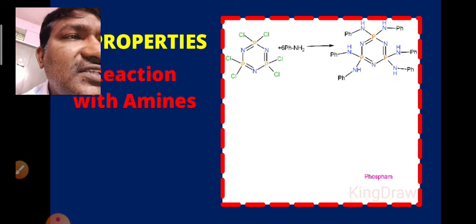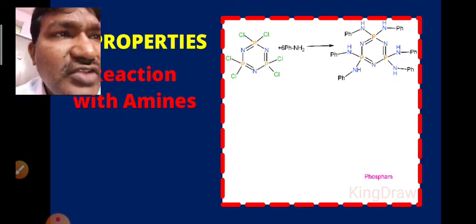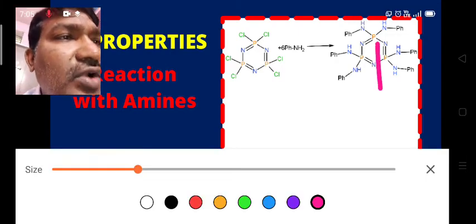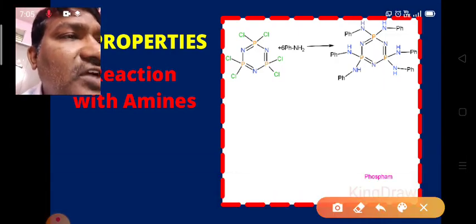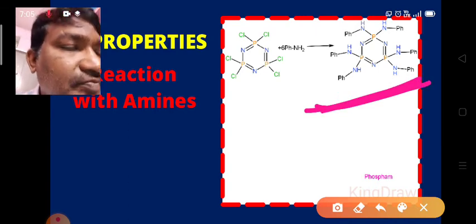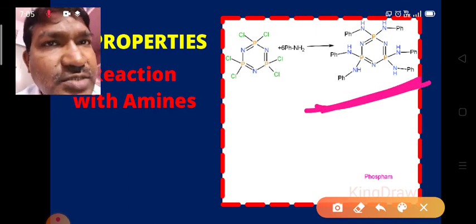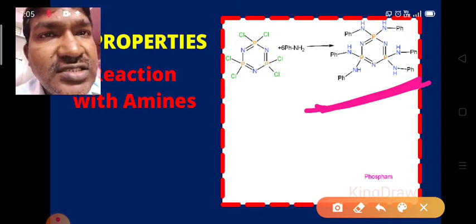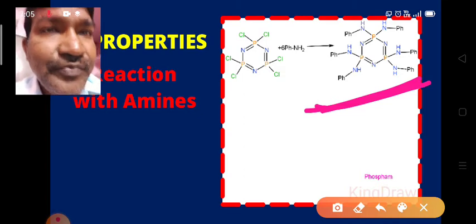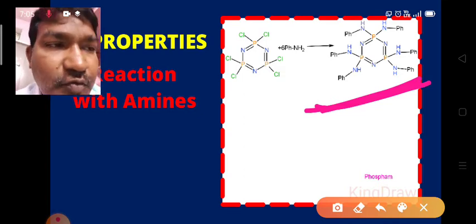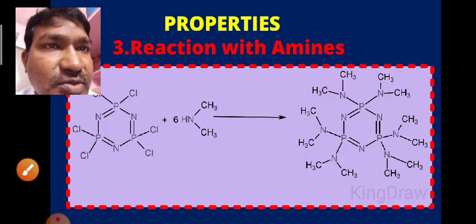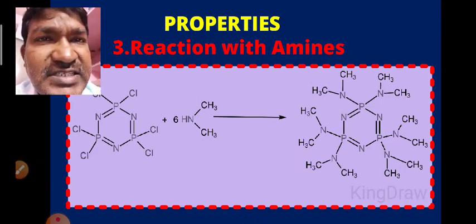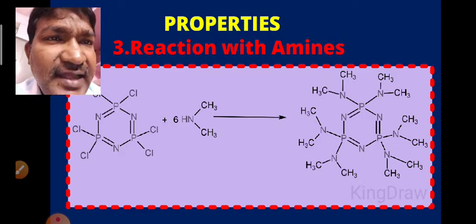So we can easily write the reaction, but for this one there is no choice to undergo isomerization. So here we get only one product. There is no possibility for isomerization. Isomerization is possible with the products formed in hydrolysis and ammonolysis, but here isomerization is not possible.